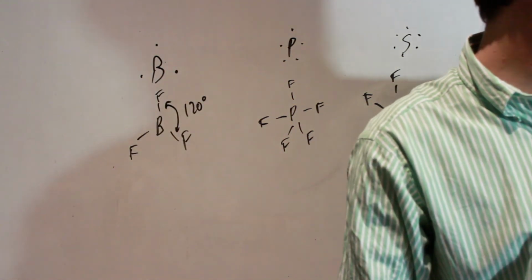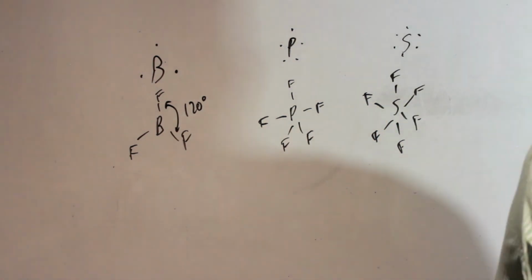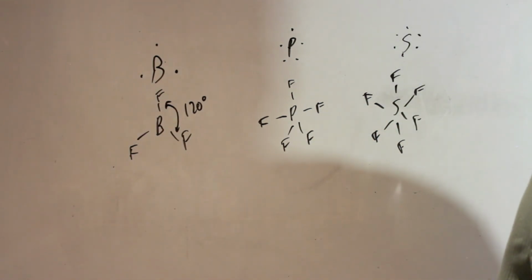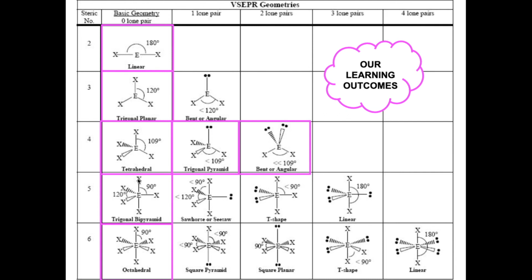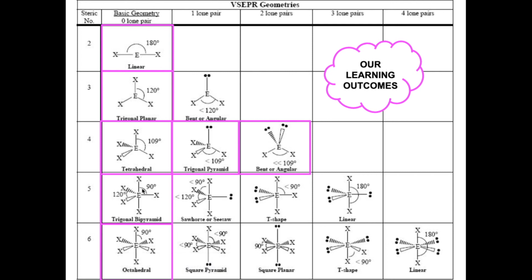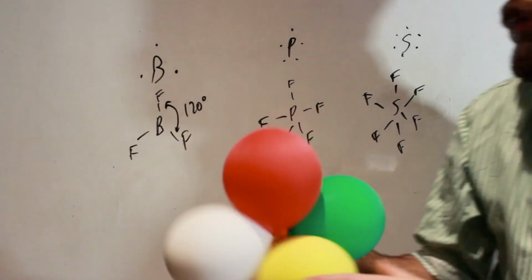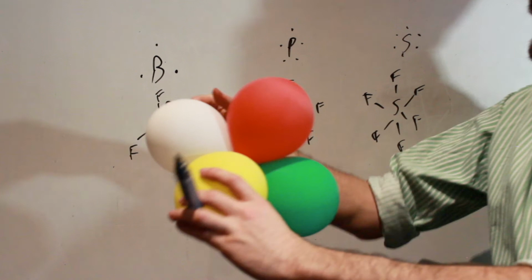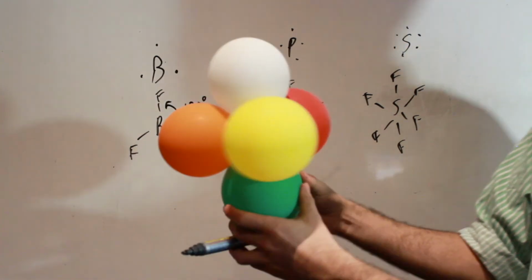If we have 5 things, we get this shape called trigonal bipyramidal, which is that one there. And we can look at that like so. So I've got 1, 2, 3, 4, 5 things around it.